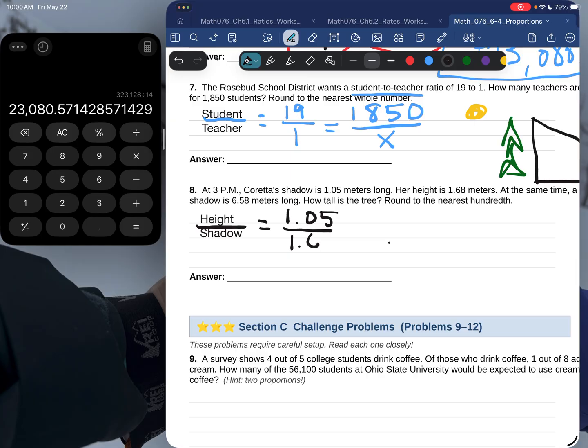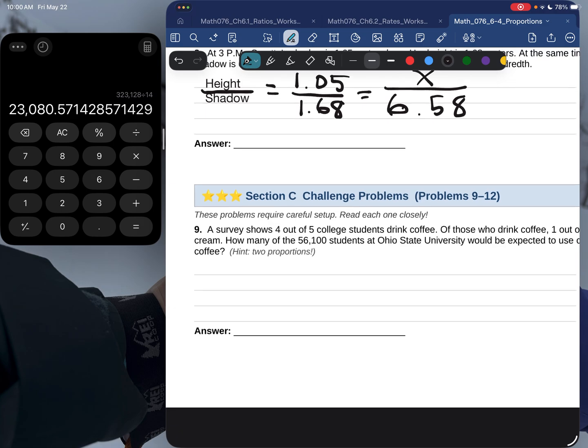So 1.68. So I don't accidentally put the tree with her shadow. They go together. And then the shadow for the tree is 6.58. And my numerator is x, and that's what I'm solving for. And again, I'm going to cross multiply and solve from there. Okay.